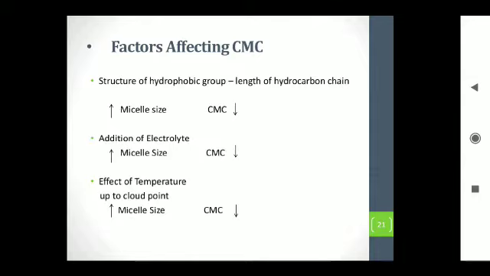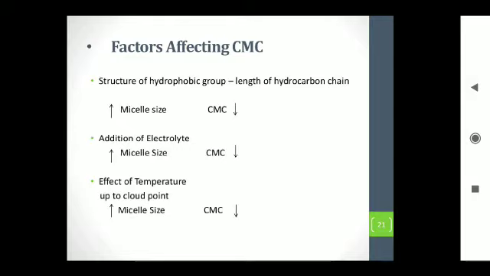Length of hydrocarbon chain. As the hydrocarbon chain length increases, the CMC decreases at constant temperature. The number of carbon atoms in the chain increases, and micellar size can increase.